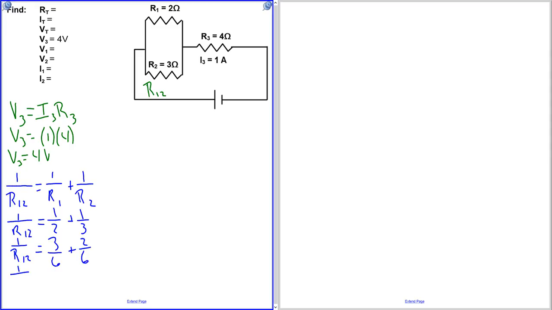And then I have 1 over R12 equals 5 over 6. To get R12 on top of that fraction, I need to do the inverse of each side. So then I end up with R12 equals 6 over 5, or 1.2 ohms.